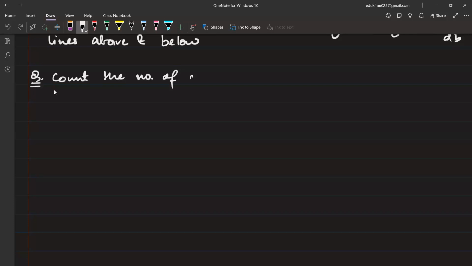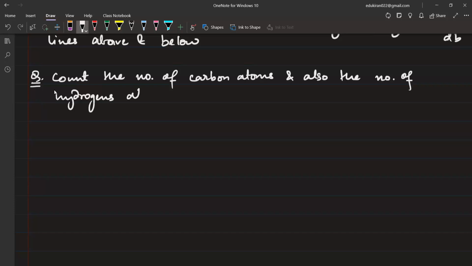Count the number of carbon atoms and also the number of hydrogens attached to it. Okay, the number of hydrogens attached to it. I'll give you something simple first, let's give something simple.